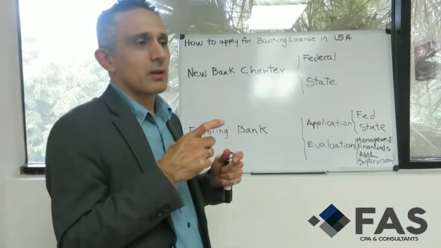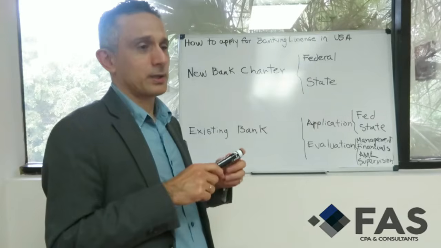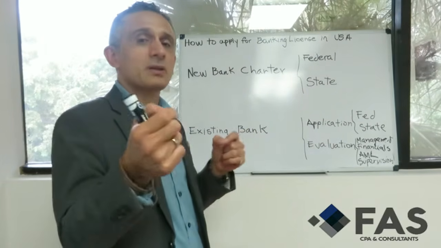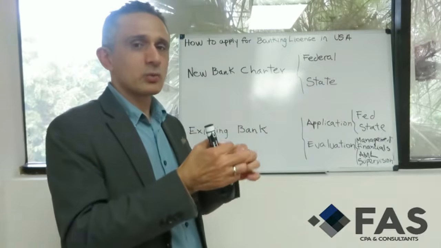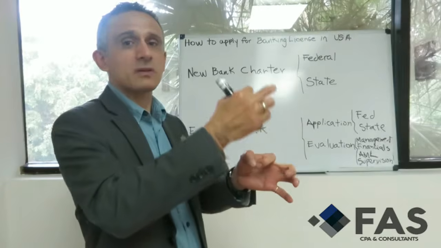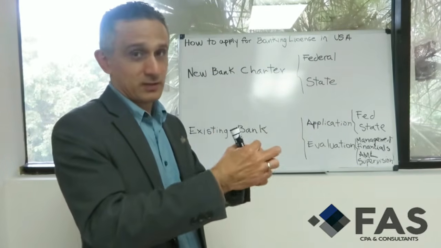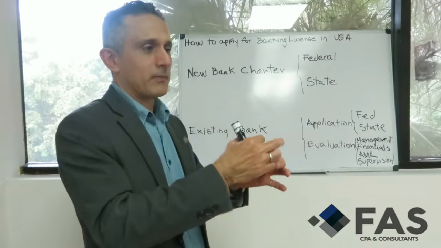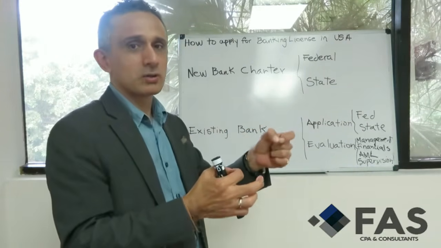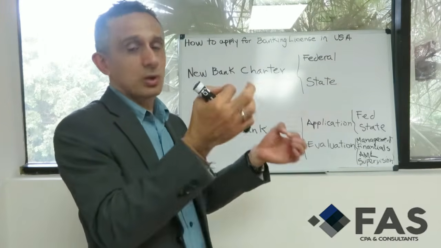But with the advent of fintechs in the US market, there are fintechs that are coming here to the US, and they are working with existing banks to create a synergy and provide online services to US residents. So that is a new combination of an existing banking model with the fintechs that are coming to the US.